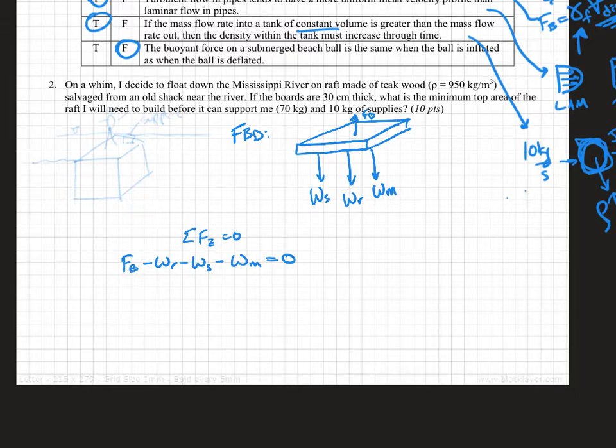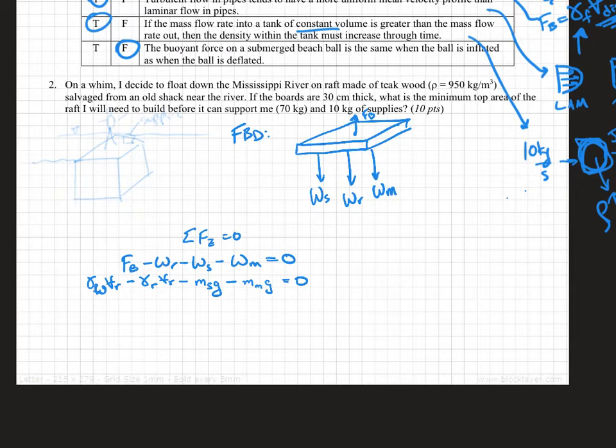So the buoyant force is the gamma of the fluid, in this case water, so we'll put a W there, times the volume of the raft, minus the weight of the raft, which is the gamma of the raft times the volume of the raft, minus the weight of the supplies, which is the mass of the supplies times gravity, minus the weight of me, which is the mass of me times gravity, equals 0.